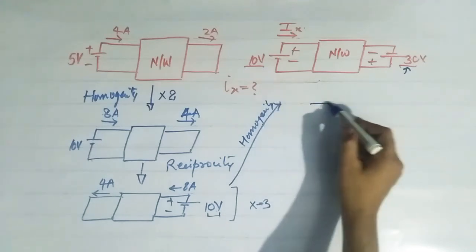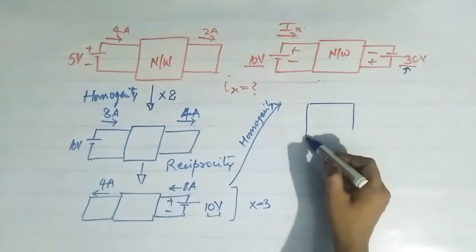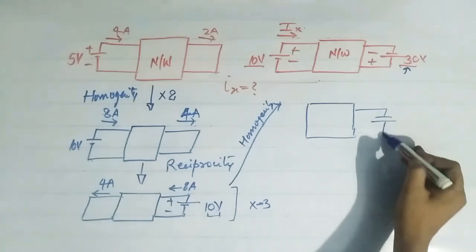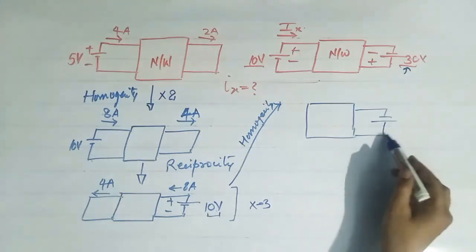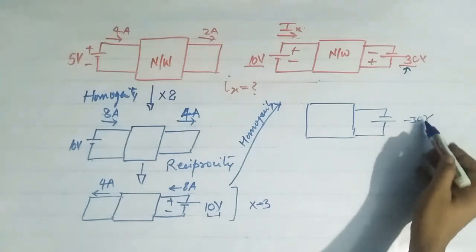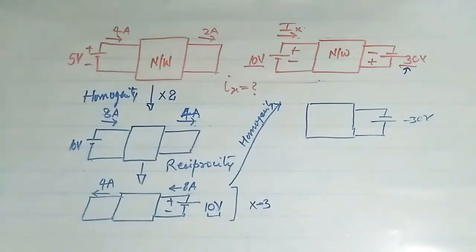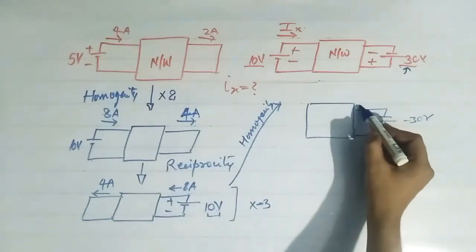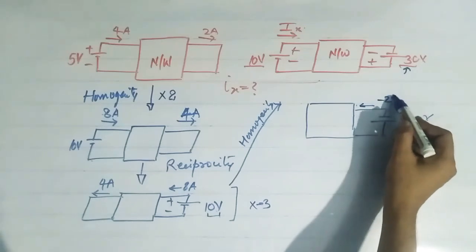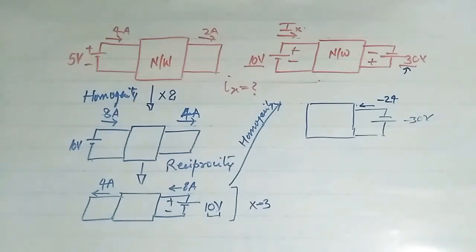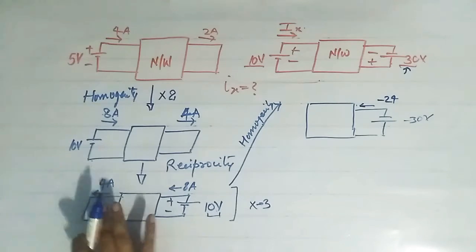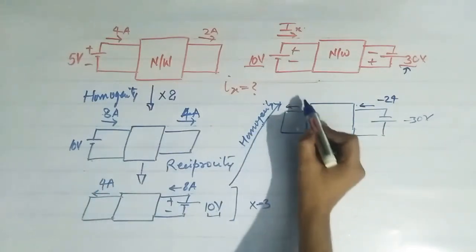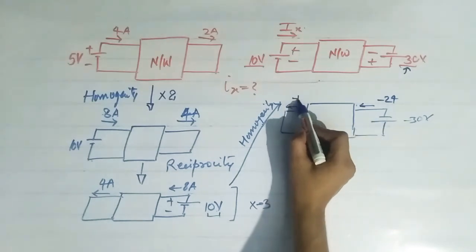We get -30 volt here, and current in this branch will become -24. And the current in this branch will become, in this direction, -12 ampere.